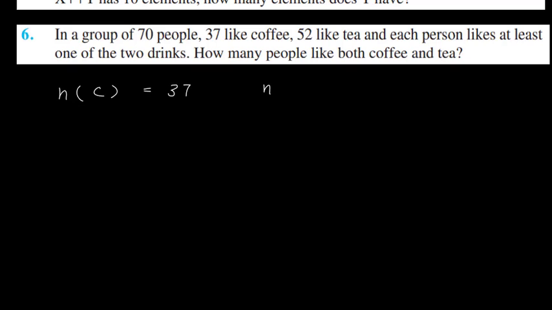The number of people taking tea is 52. The number of people taking coffee or tea is 70. We have to find how many like both coffee and tea.